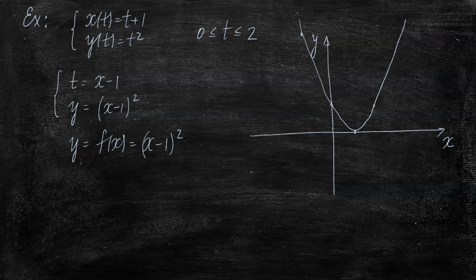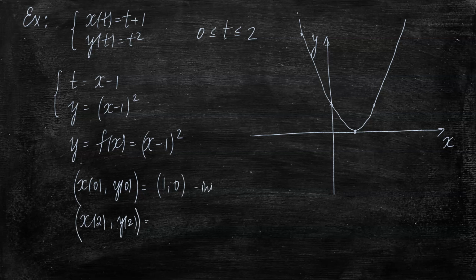So we have to find the initial point. The initial point will be when t is equal to 0. So it's 1, 0. And the terminal point is when t equals 2. When t equals 2, we get 3, 4. So on the graph, this is our initial point, and the terminal point will be at 3, 4.